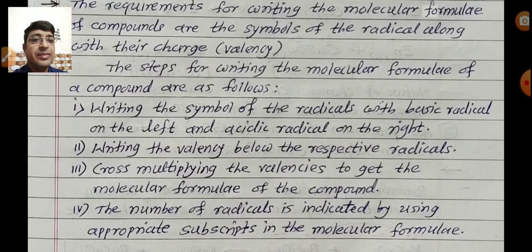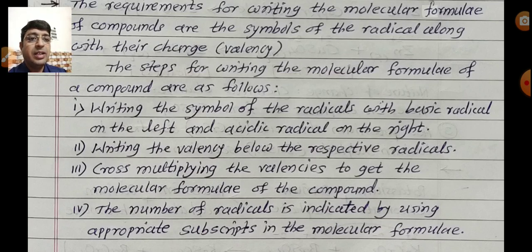First point, writing the symbol of the radical with basic radical on the left and acidic radical on the right. We already learned what is meant by basic radical and acidic radical in standard 9.